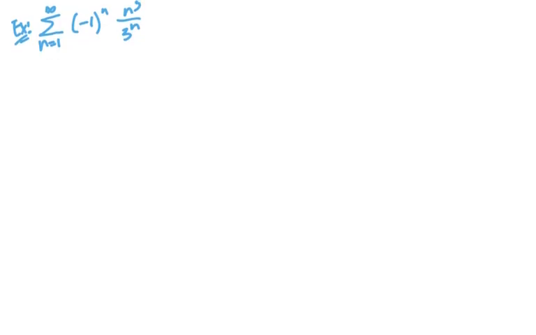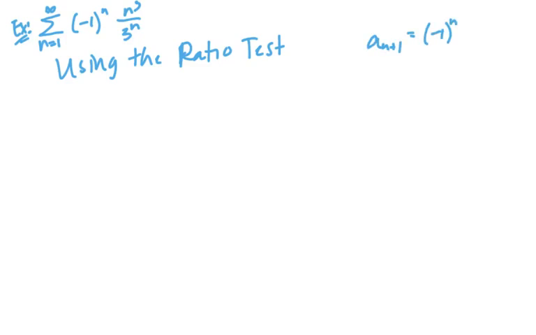So we're going to use the ratio test. Using the ratio test, first of all, a sub n plus 1 means that I have negative 1 to the n plus 1, and then we have n plus 1 to the third over 3 to the n plus 1. So that means you put an n plus 1 everywhere there's an n.